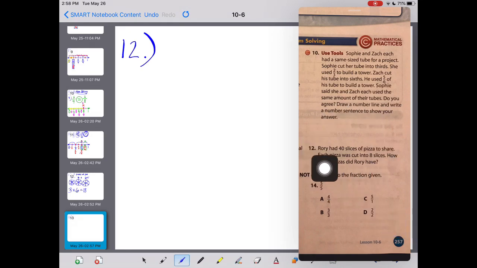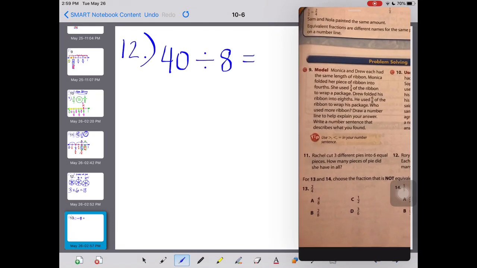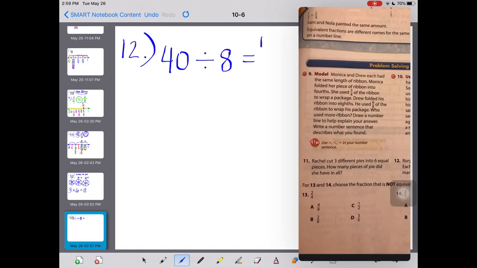Well, when you start with the total amount of slices, looks like we're dividing these up into 8 slices per pizza. So one way to think about this is to say, okay, I've got 40 slices of pizza. I want to divide that up into 8 slices for each pizza. The answer will give me how many pizzas I have.